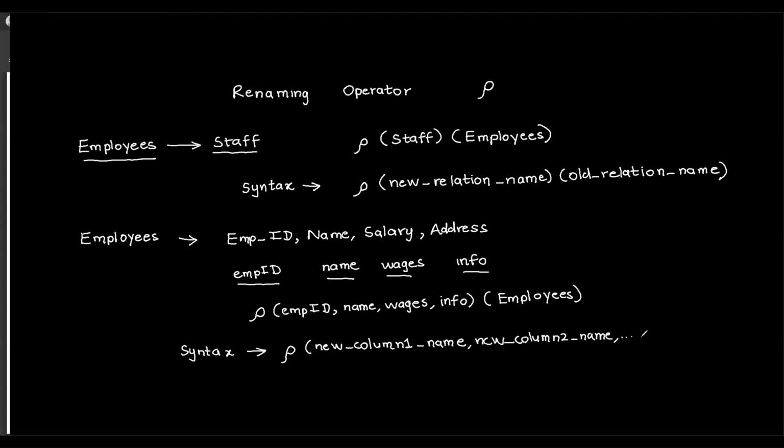We can have n number of names, and we should mention the relation name, in which relation you're making the changes. You have to mention that, right? Relation. These are the basic operations that you can do under the renaming operator.